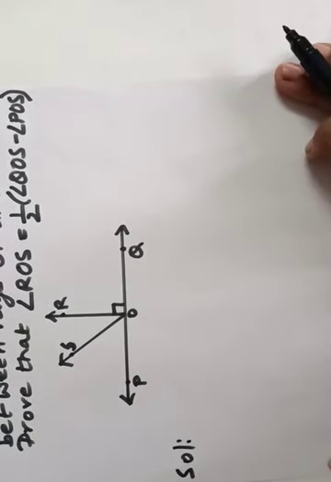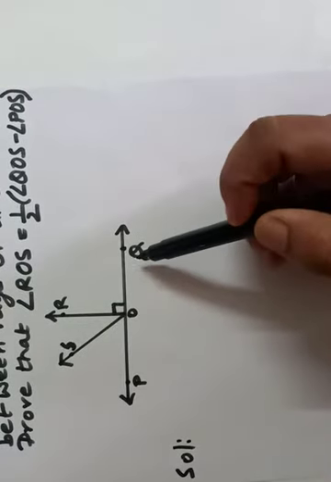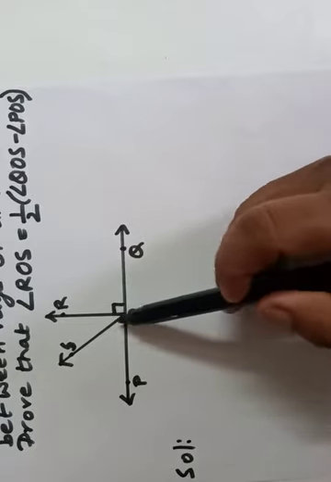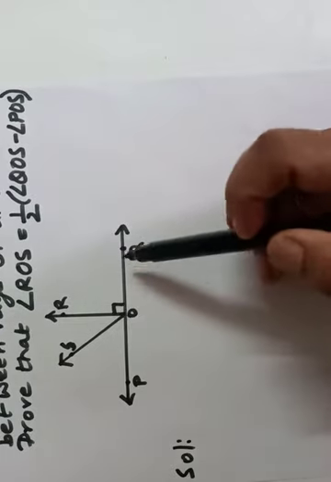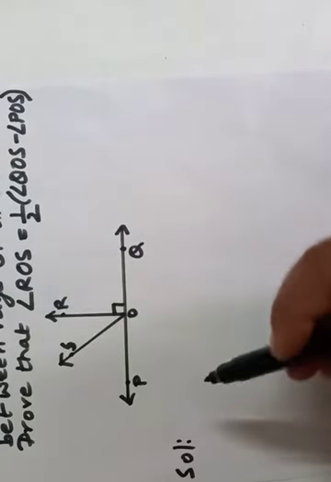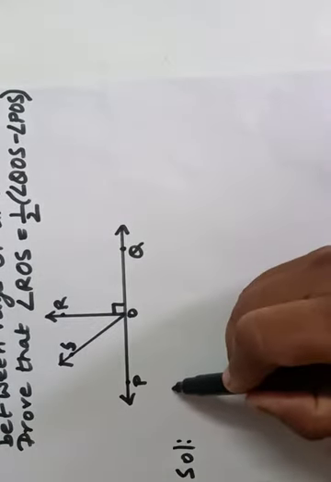Solution. See clearly, angle ROQ is a 90-degree angle, and angle POR is a linear pair with that angle ROQ. Hence angle POR is also a 90-degree angle. So first of all we will write few things about this.